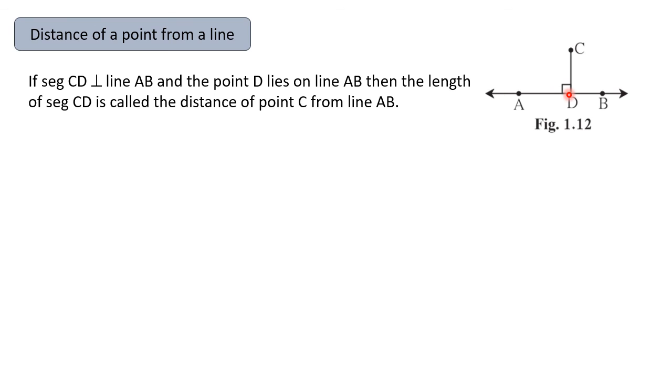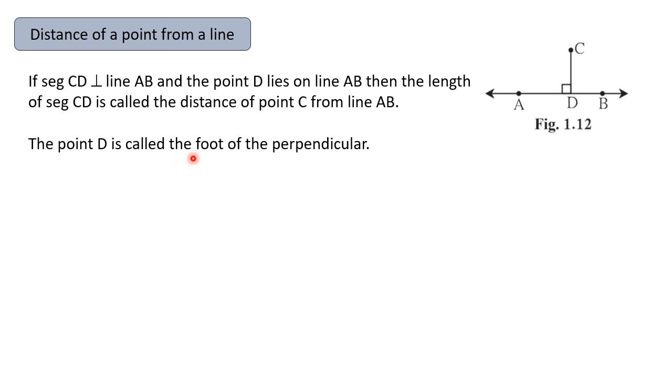So how do we get the distance of point C from line AB? We have to draw a perpendicular from point C on line AB. Then we can measure this distance CD, and then we are able to find the distance of a point from a line. So segment CD is called the distance of point C from line AB.